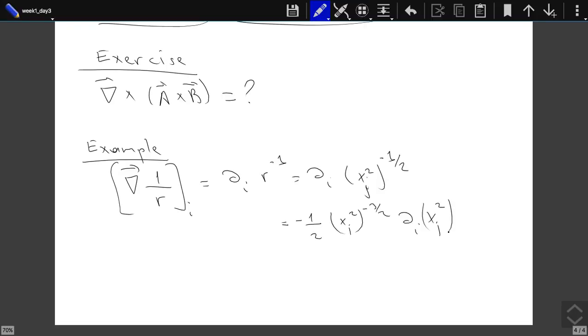Why do I replace r by itself? Well, I'm taking the derivative with respect to xi, so I just wanted to show the xi's explicitly. r is a function of xi. This is equal to minus 1/2, and since I will not be doing any manipulation on this one anymore, I'm just replacing it with r: 1 over r cubed.